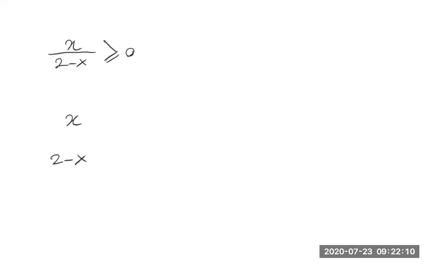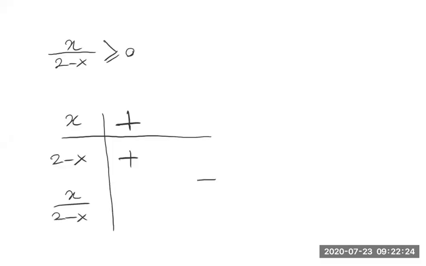The point is that if both of them are positive, then x over 2 minus x would also be positive, right? If both of them are negative, then x over 2 minus x is positive.